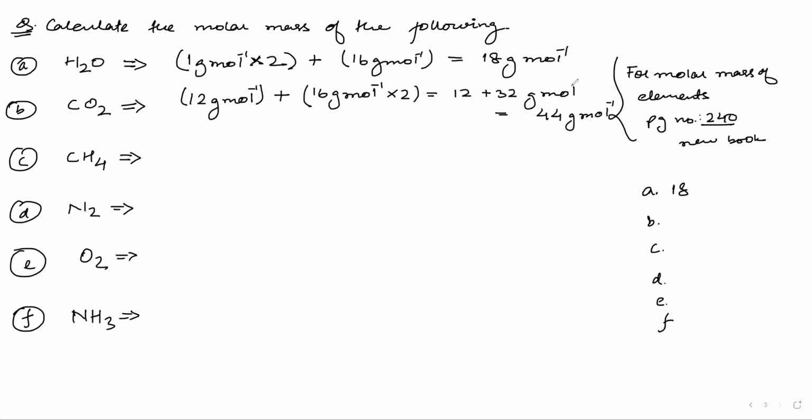So where did you go wrong? I used 6 for carbon. See what I said: for molar mass, you have to look at page 240. I'm not expecting you to remember these molar masses as of now, so please don't have that expectation. Please look at page number 240. I don't have it on that page, sir.